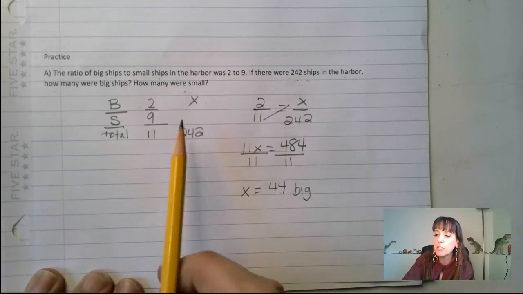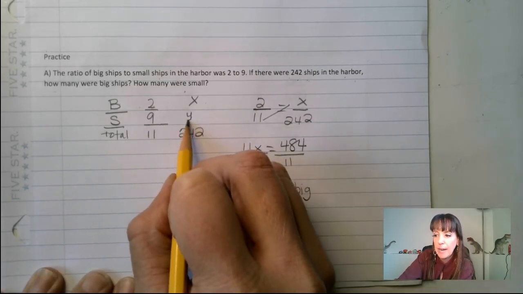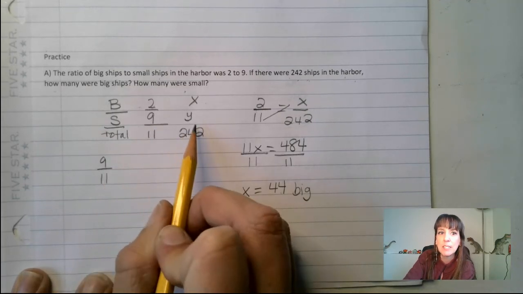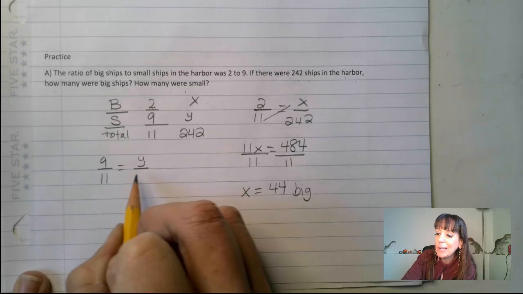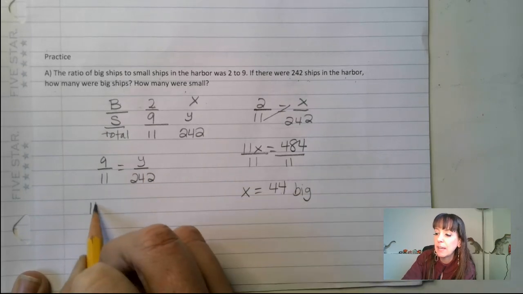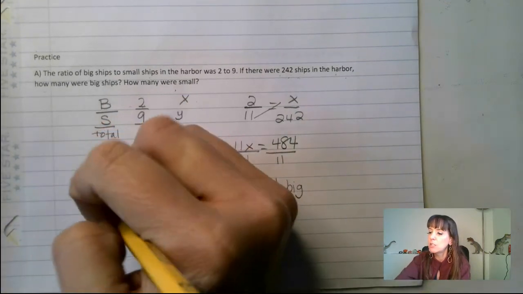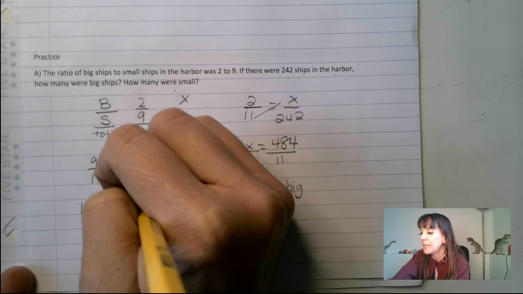Now, we could go back and we could do small ships here. Let's call small ships y. And you could do 9 over 11 equals y over 242. So we get 11y equals 242 times 9, which gives us 2,178.